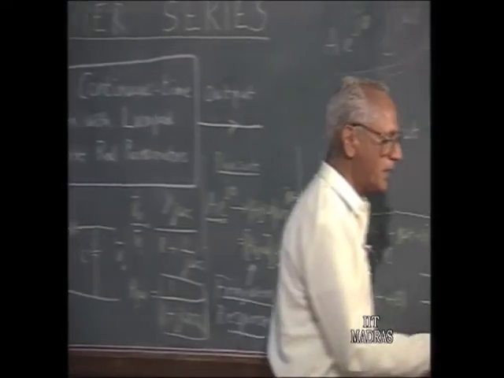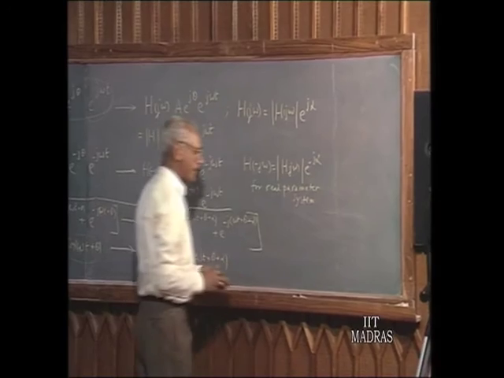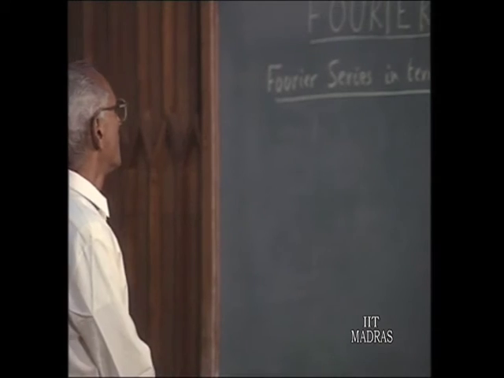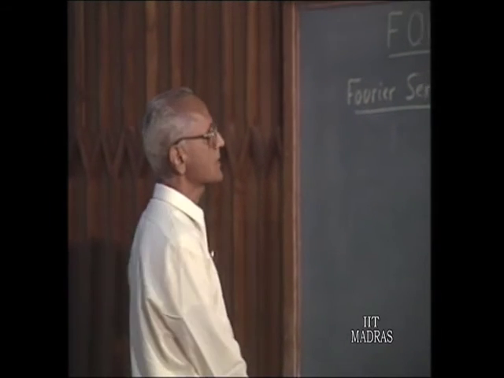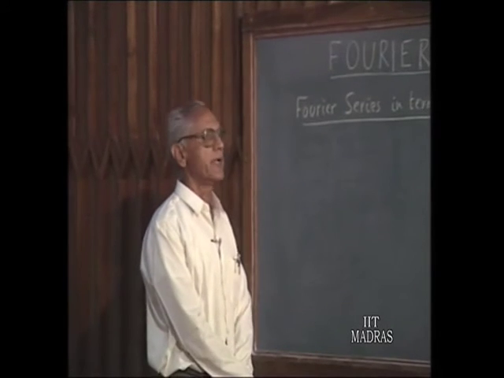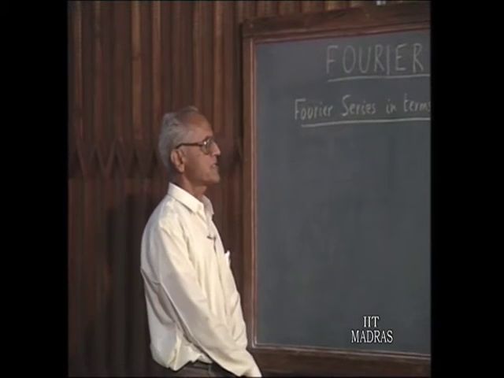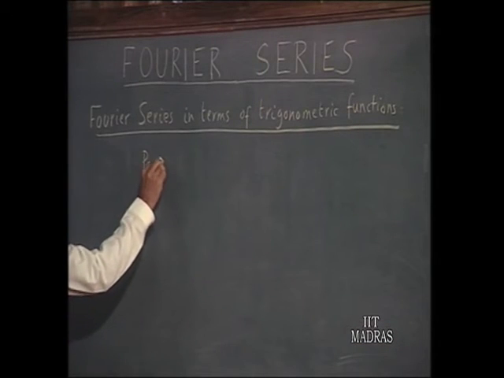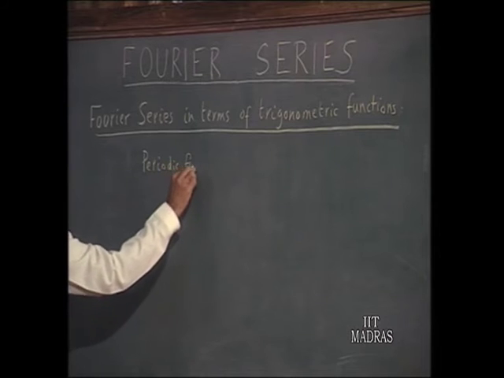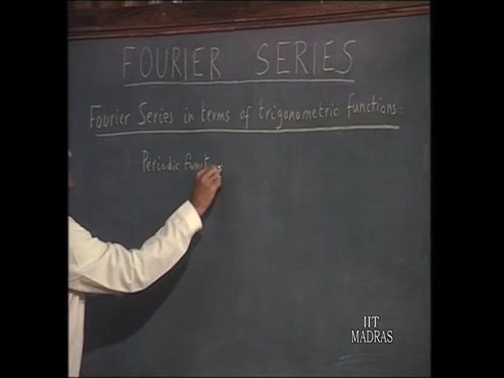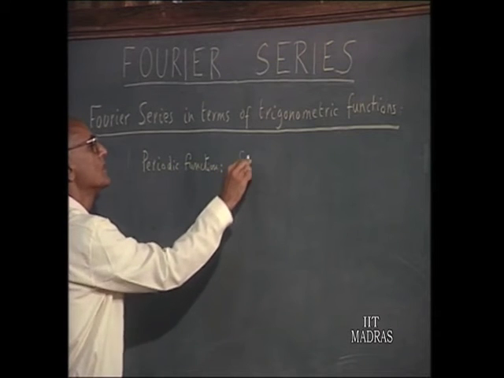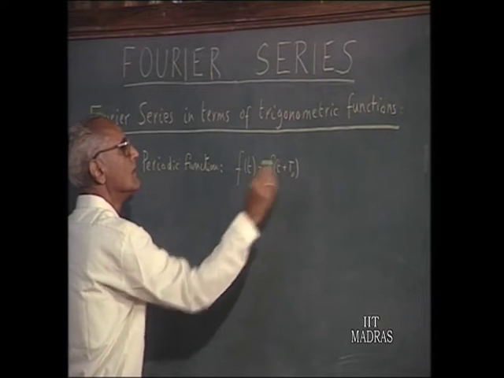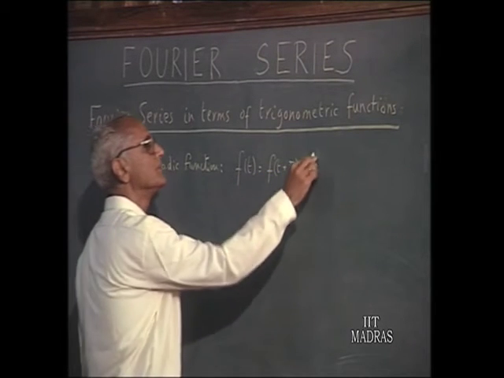So, let me now introduce the concept of Fourier series with this background. Let us now take a look at the form of the Fourier series for a periodic function in terms of sinusoidal functions of time. You recall that a periodic function is one which has this characteristic: f of t equals f of t plus T naught for all t.